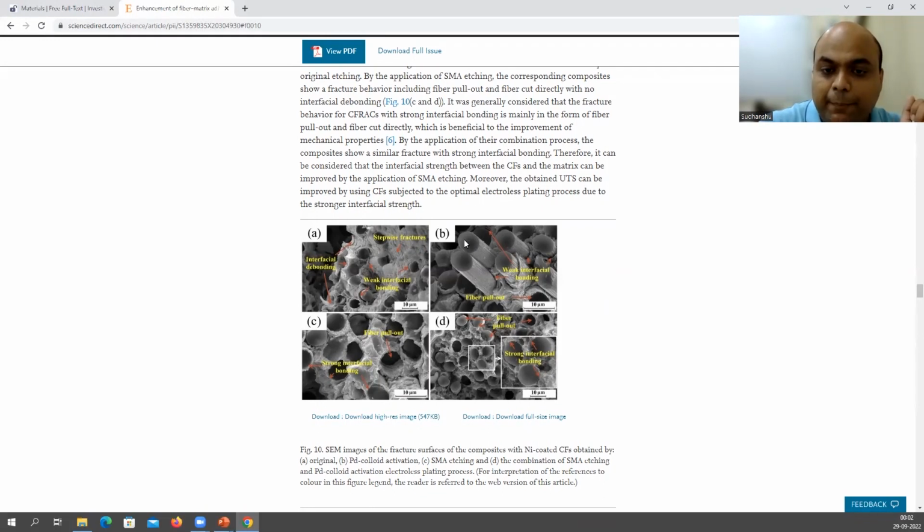And if you see fiber B, this is coming out. So your fracture surface is at the bottom and then your fiber is on the top of it. So this is the example of fiber pull out. Okay. And if this is your case, see this finger is my fiber and this is your fracture surface. So this is the case of strong interface and this is the case of weak interface, when your fiber is coming out of the fracture surface.